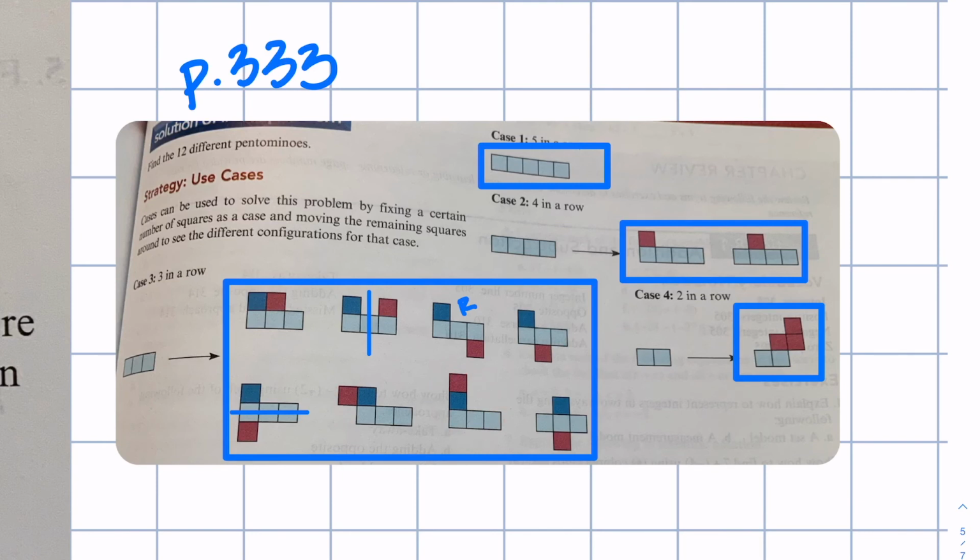This guy looks like it does. Don't think it has a rotation symmetry, but I think it has a reflection symmetry. Yeah, here. The colors are just to indicate where we're adding. They don't mean anything about the distinct pentaminos. So I think it has a reflection symmetry across that line. But yeah, I don't think any rotation.